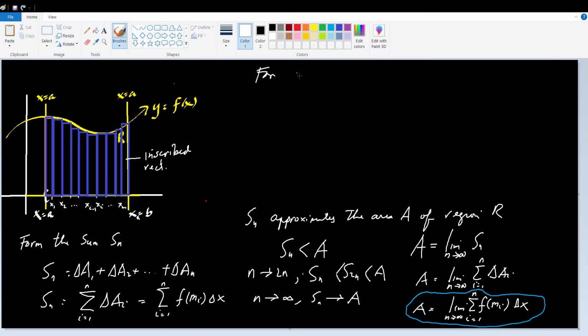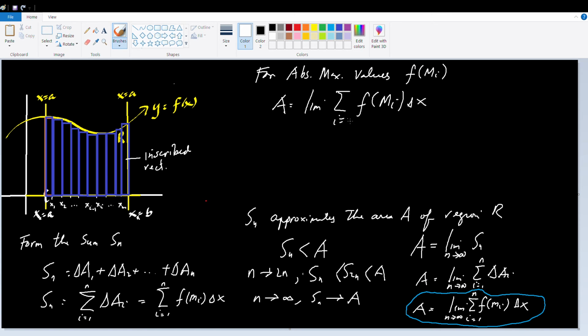So for absolute maximum values f of mi, the area will be equal to the limit of the sum of f of mi delta x, i from 1 to n, as n increases without bound.